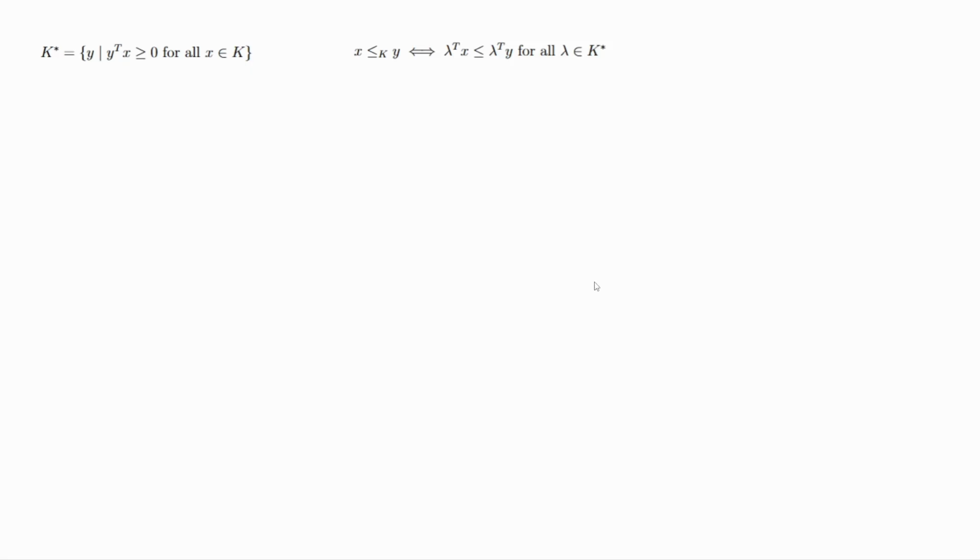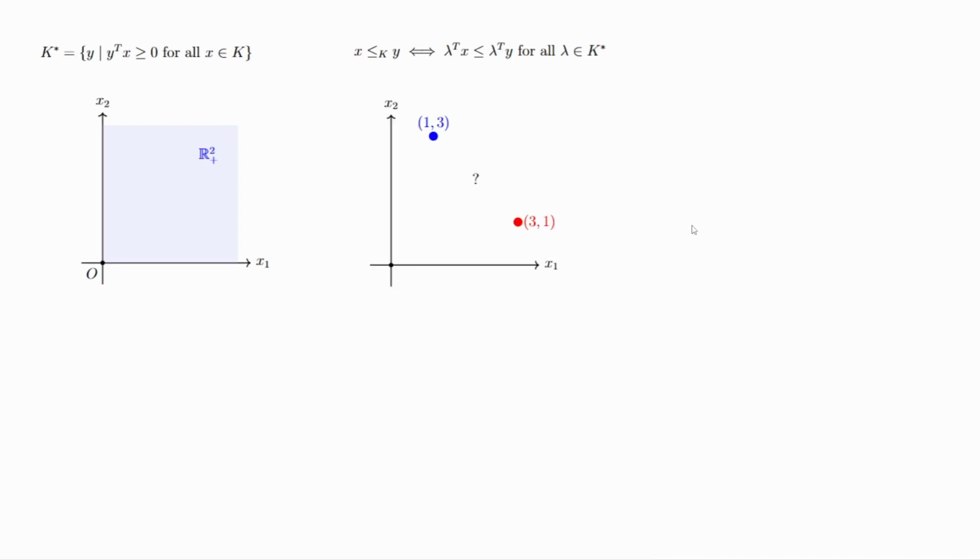However, in the general proper cone case K, we might not always be able to compare elements. Consider the example in R2 with component-wise ordering, where K is the positive orthant of R2. Can we compare the points (3, 1) and (1, 3)?